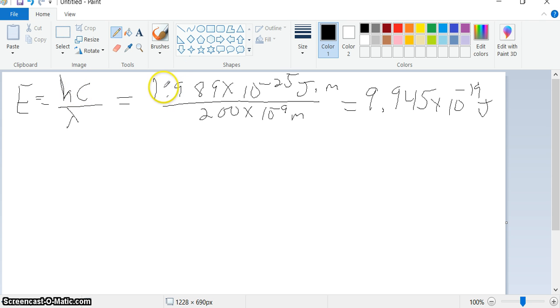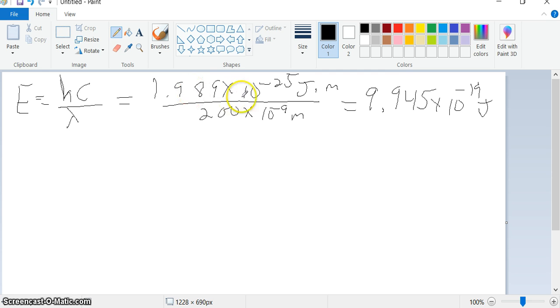It is 1.989 times 10 to the minus 25th, and those units are joules times meters, which means the wavelength, lambda, which was given to us in nanometers, must be converted into meters. So you just replace the metric prefix nano with what it is, times 10 to the minus 9th. That's what nano means.